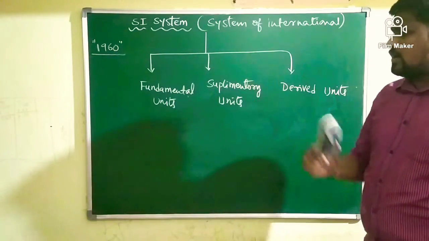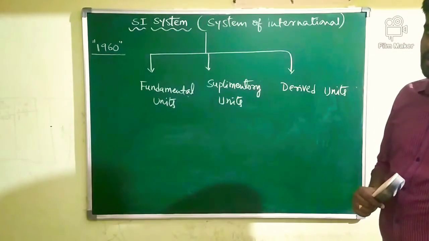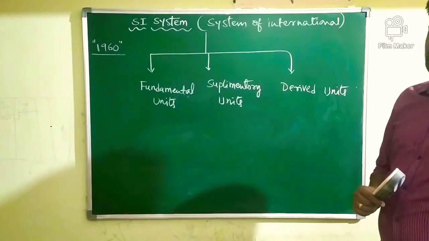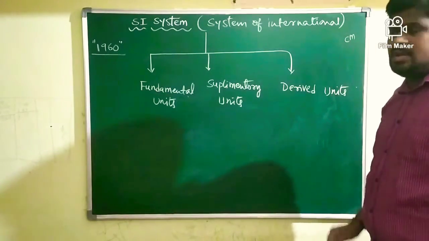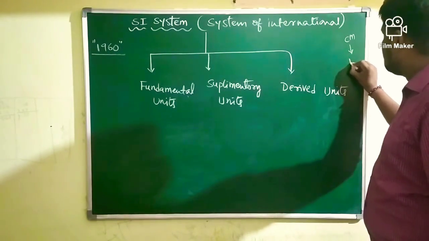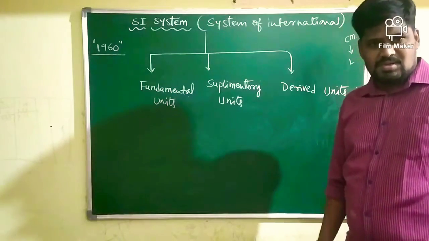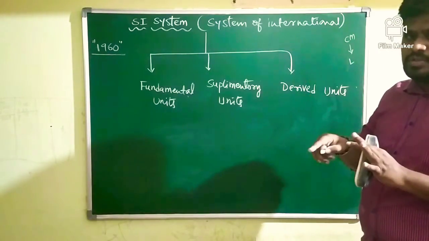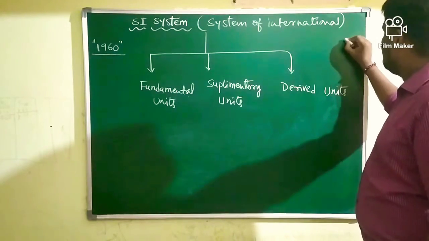Concentrate. What are fundamental units? Units which are used for fundamental physical quantities. For example, if you consider centimeter. What is centimeter? Centimeter is a unit which is used for length in CGS system, or else we can consider meter.